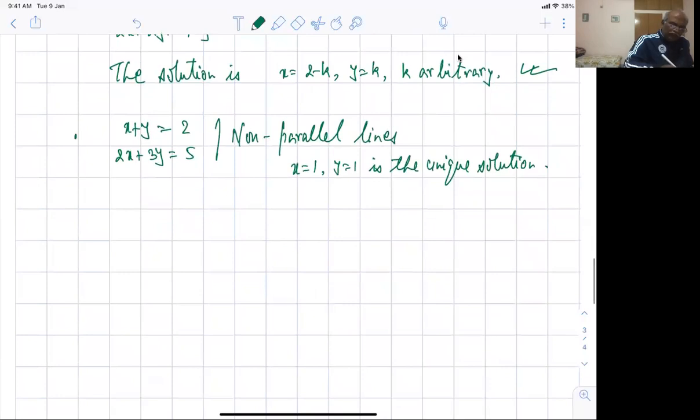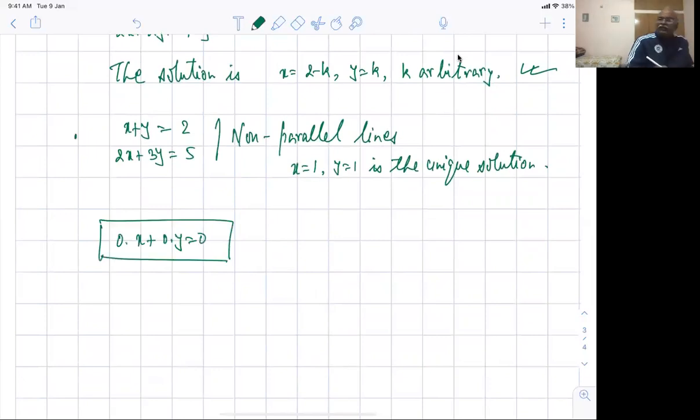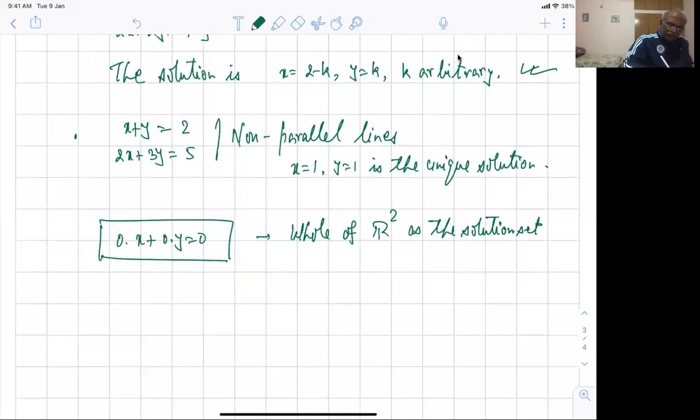Fine. I can also have an equation like this, 0 times x plus 0 times y is equal to 0. I can look at this equation, all right. And in this case, I will have the whole of R2 as the solution set. So what I'm saying is, look here, all xy belonging to R2 so that 0 times x plus 0 times y is equal to 0.